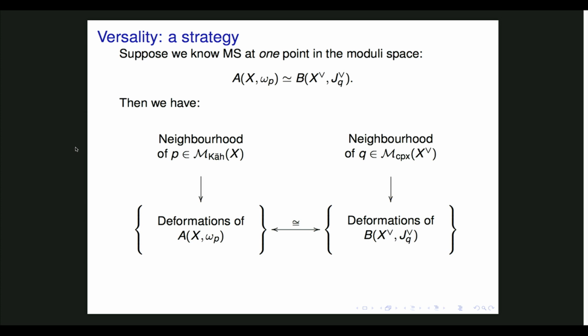That means we get a map from a neighborhood of a point in the Kähler moduli space to the space of all deformations of the invariant we're associating to that point. And similarly on the complex side. And we say the situation is versal when these maps are local isomorphisms.